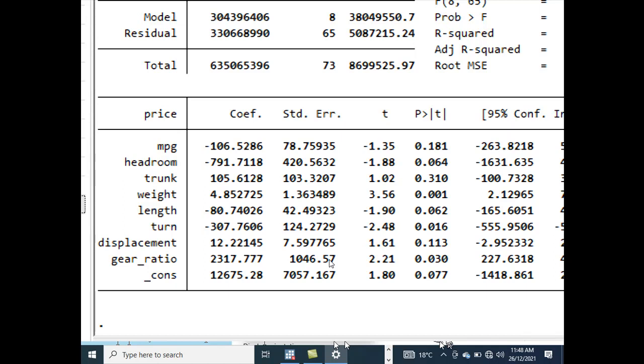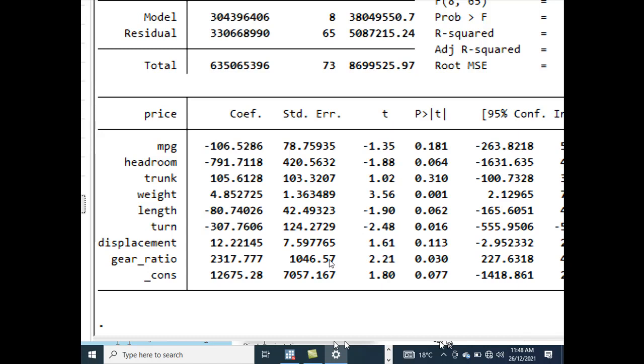Price. And x can be any one of them. For example, this minus 106 point something corresponding to MPG is telling you that for 1 unit increase in MPG, the average price of the car comes down by $106.